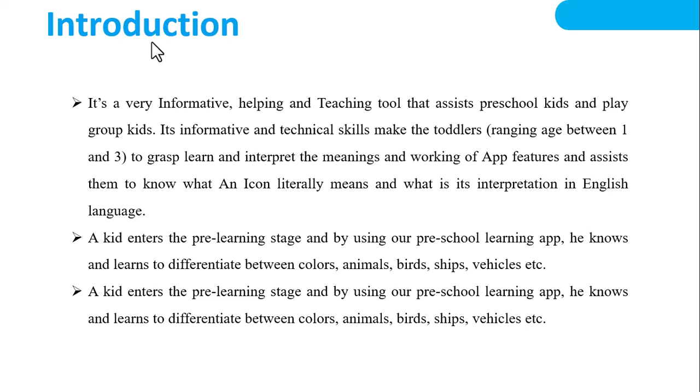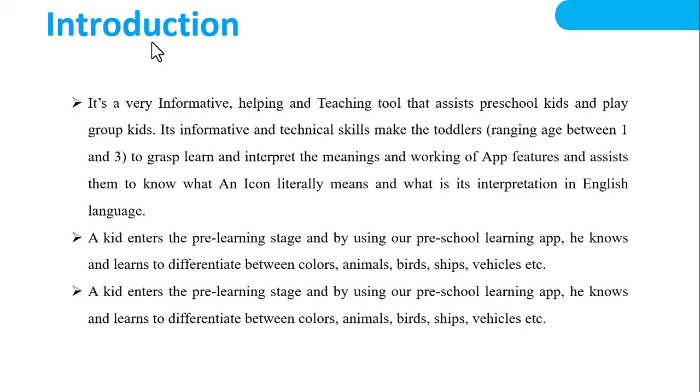In this video, we will also see how a kid enters the pre-learning stage, and after entering the pre-learning stage by using our pre-learning school app, he knows and learns to differentiate between colors, animals, birds, ships, vehicles.